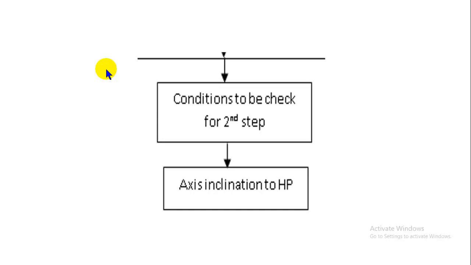In these two cases, they will not give the HP inclination. Apart from those, there are also the hexahedron, tetrahedron and cube. In those cases also they will not give the axis inclination to HP. That's why I said 10% of problems. In the remaining 90%, they will give the axis inclination to HP in the second step, so we can do it easily.